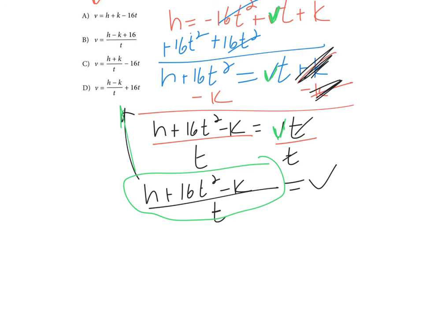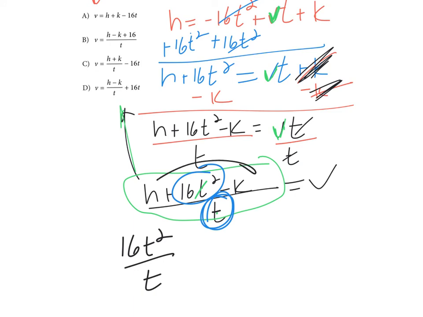Well, what can we do? I noticed that this 16t squared has a factor of that t, but I can't cancel those t's right away. I can write 16t squared over t, but this other stuff, h and the minus k, that's still over t as well.